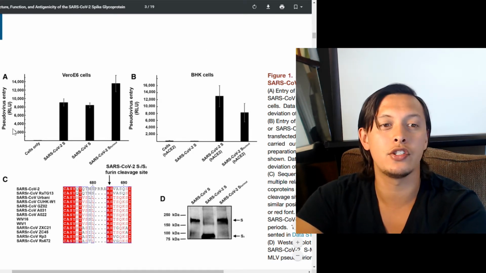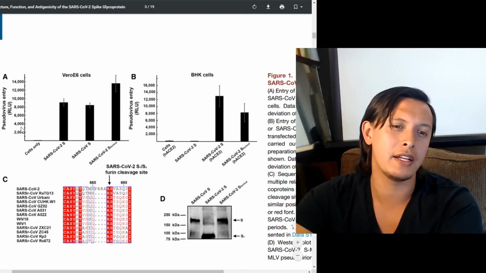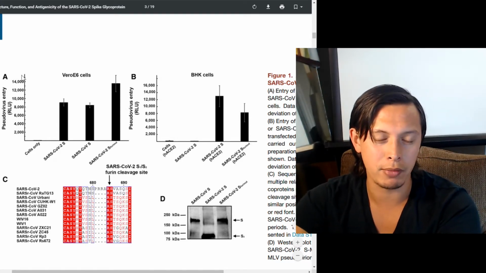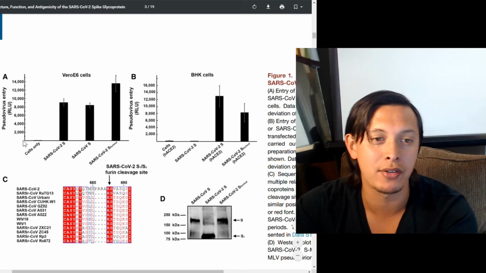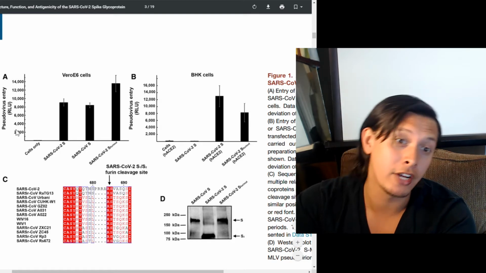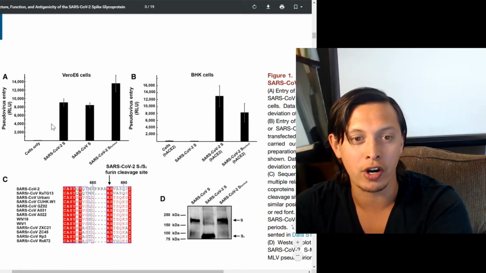This is just a graph of the amount of activity that they have seen. I think RLU means relative light units, but just ignore it. Just know that this is the amount of viruses that end up getting in. And here they say it's the pseudovirus entry. So how many pseudoviruses are able to get into the cell?